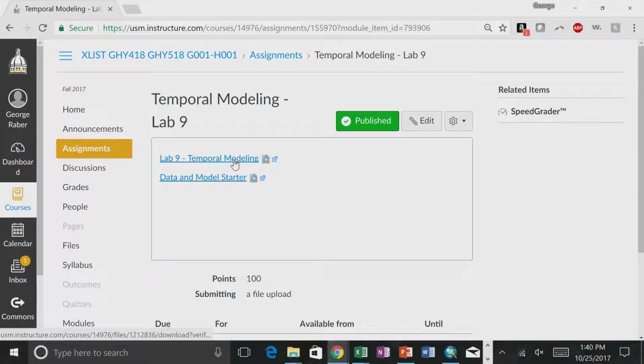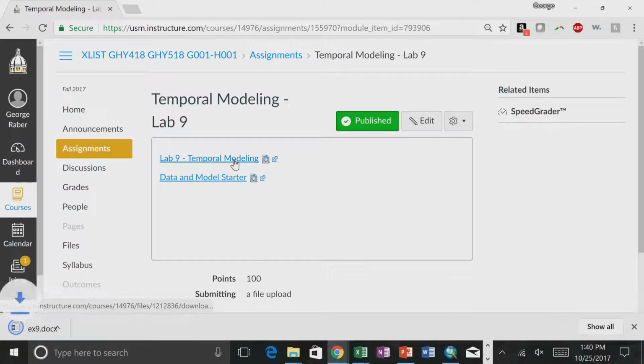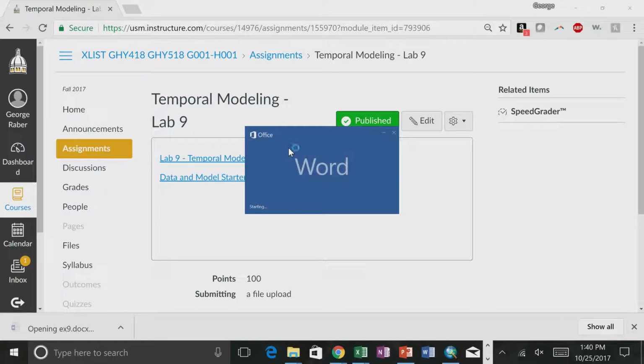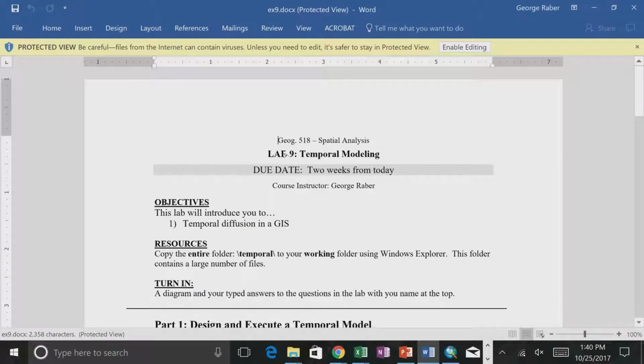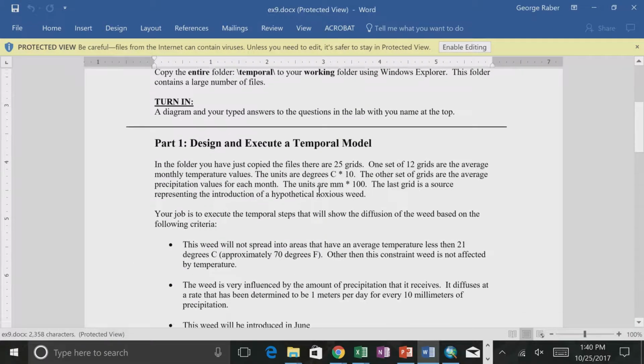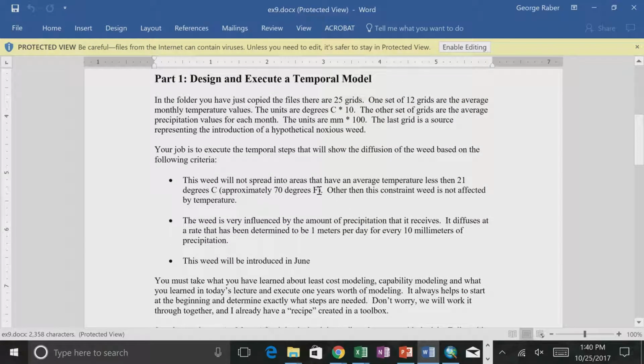So you have to download that separate. There's 25 grids. One set of 12 grids is the average monthly temperature. They're in Celsius times 10. Two set of grids is the average precipitation values. They're in millimeters times 100.